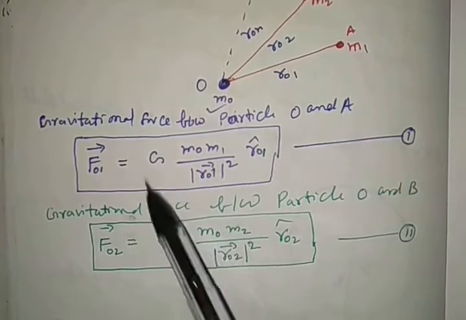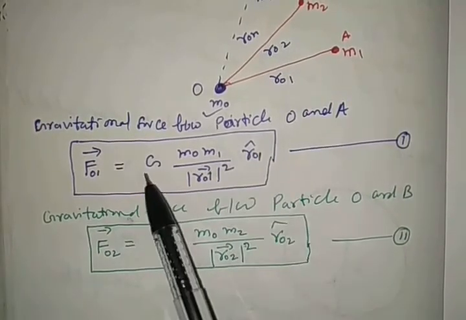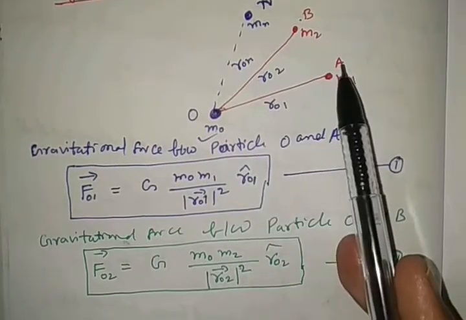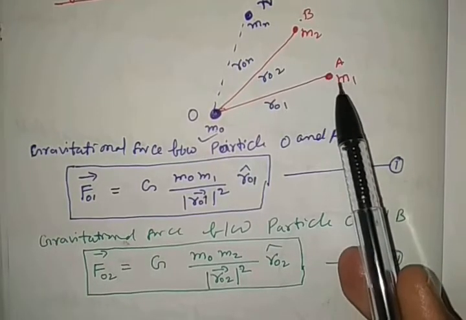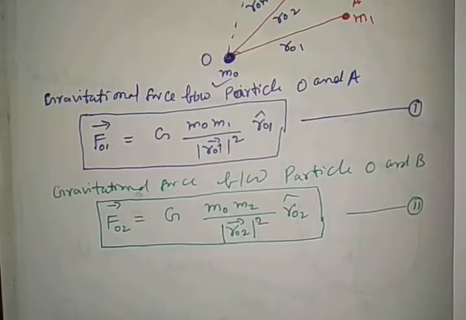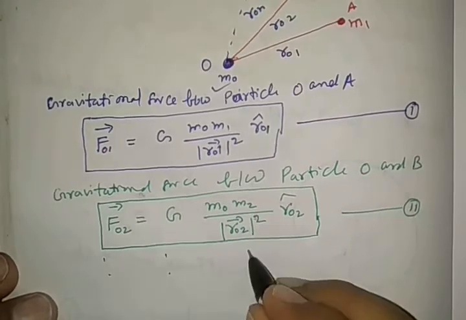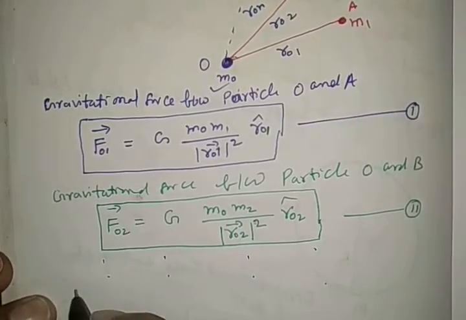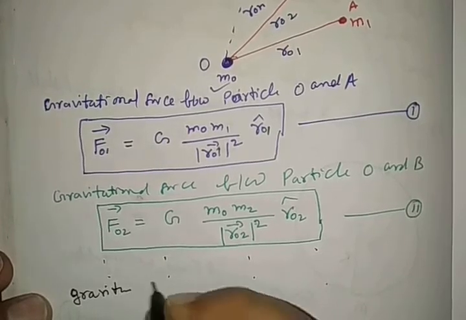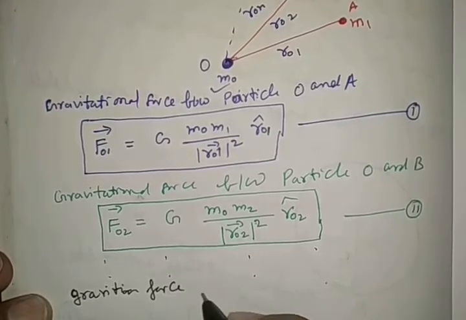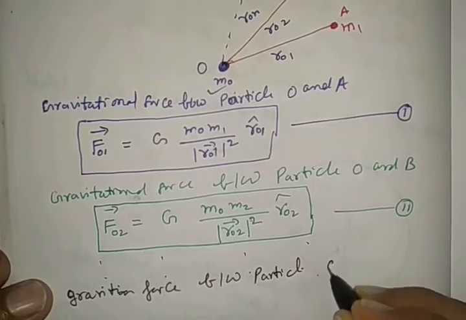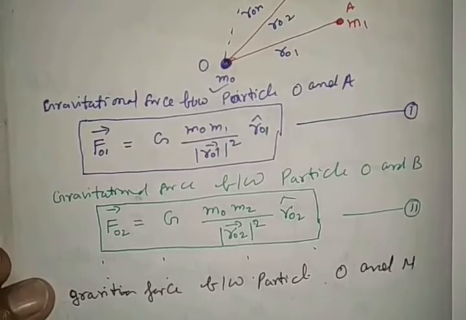Right? So equation number 1 represents the gravitational force acting between reference particle having mass m0 and the particle at point A. Then we calculate the same for the third particle, fourth particle, up to the nth particle. What is the gravitational force between particle O and N?